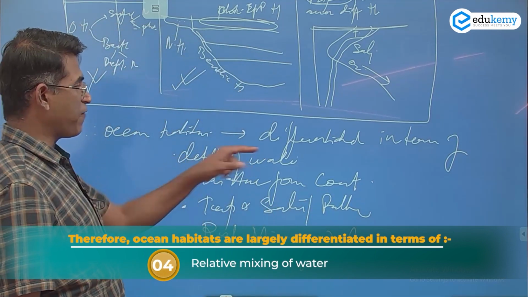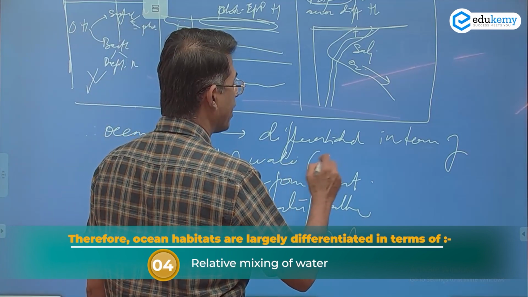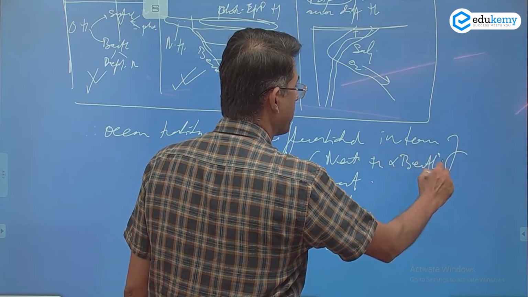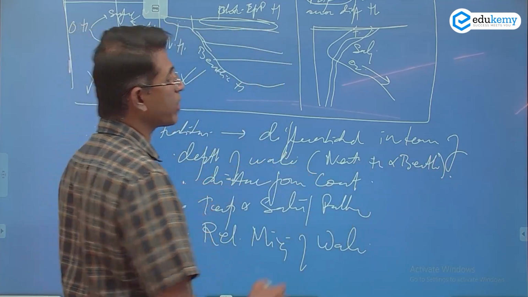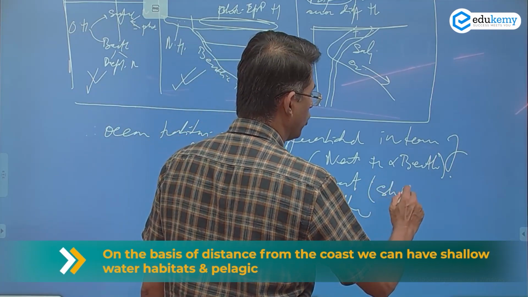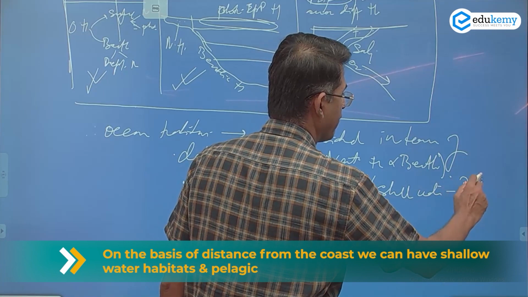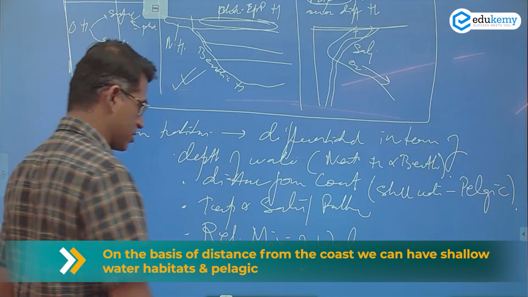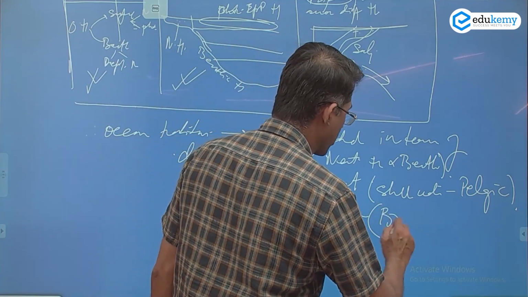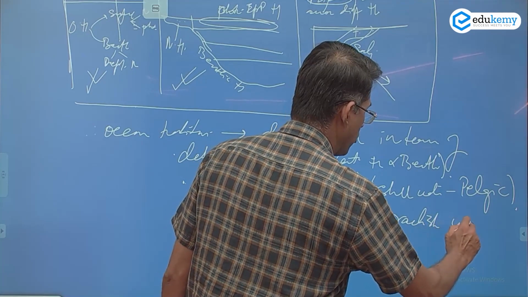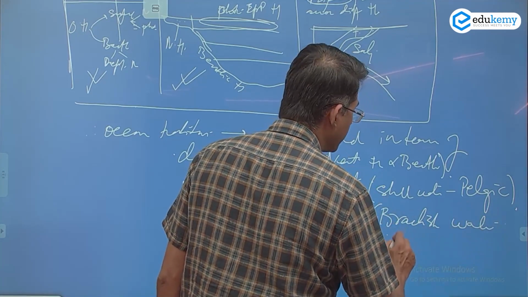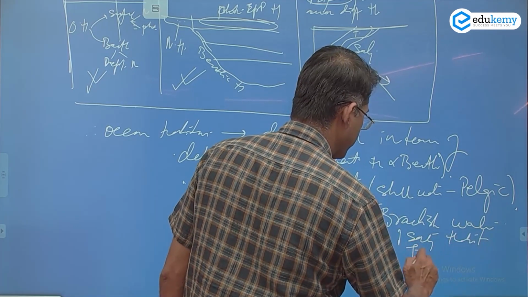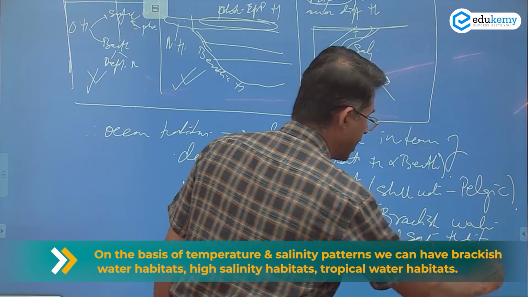So on the basis of depth of water, we can have neritic habitat and we can have benthic habitats. In terms of distance from the coast, we can have shallow water habitats and we can have pelagic habitats. In terms of temperature and salinity patterns, we can have brackish water habitats and high salinity habitats.